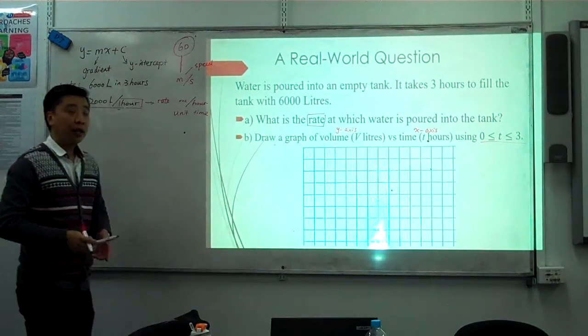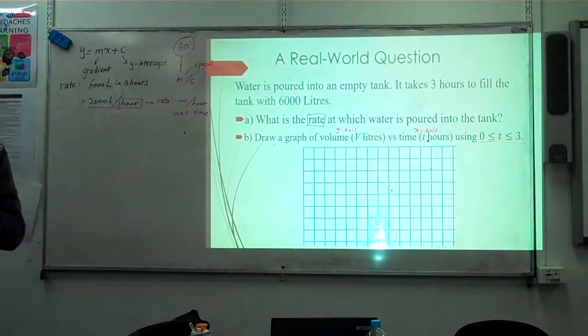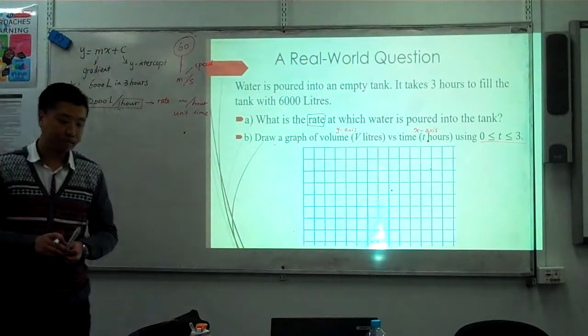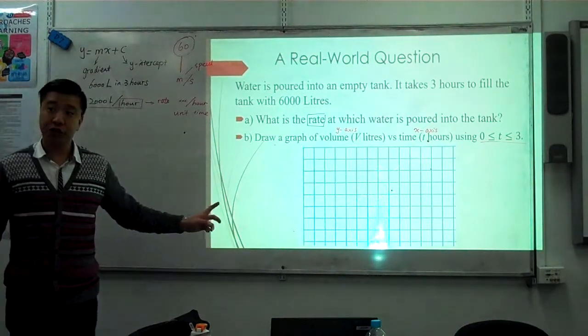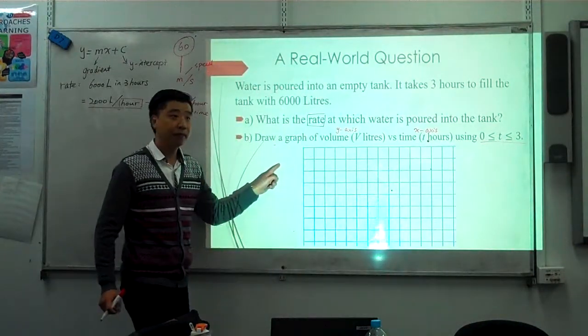Okay. Now I would like everyone to establish this Cartesian plane first. So do not draw the graph, just build up this, draw the Cartesian plane. Now I want you to use this area efficiently. Okay?